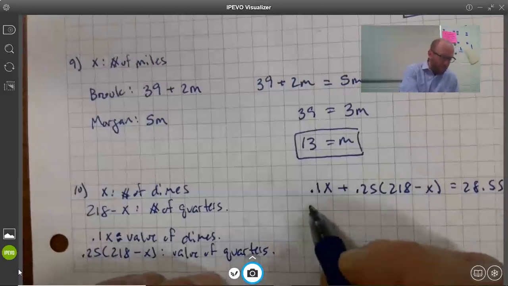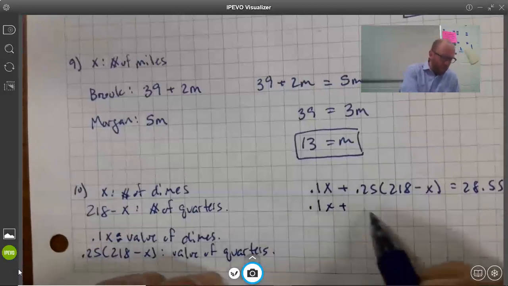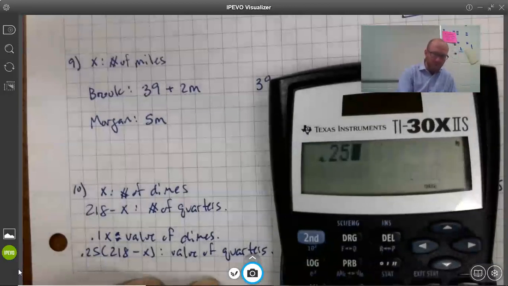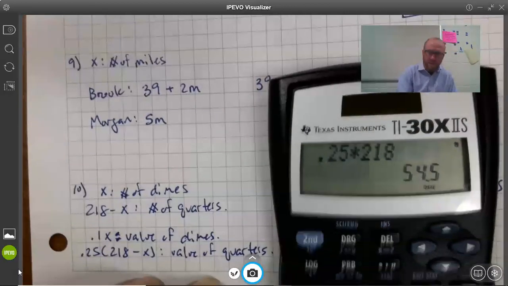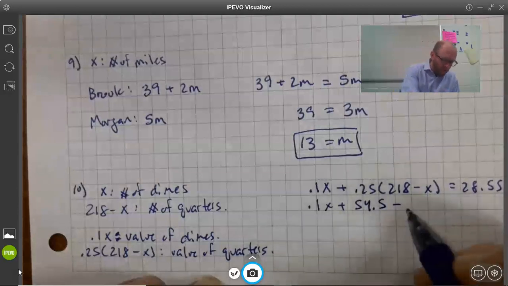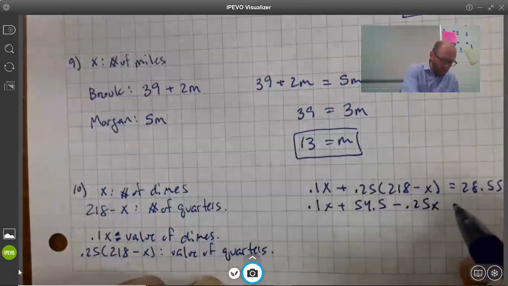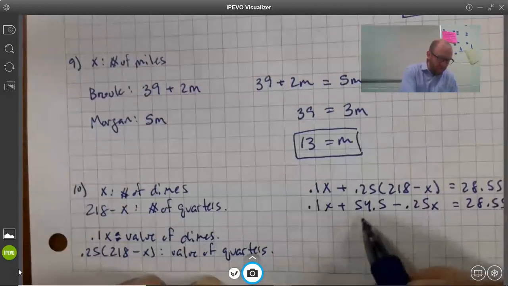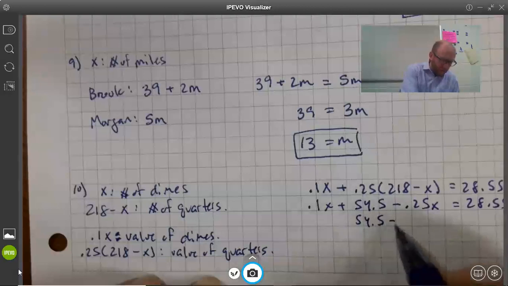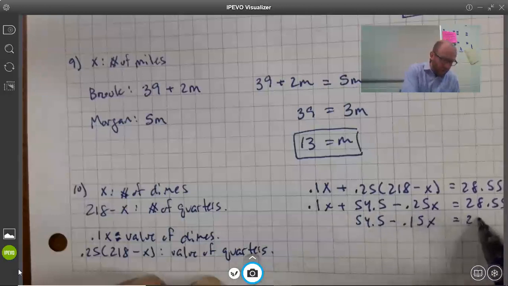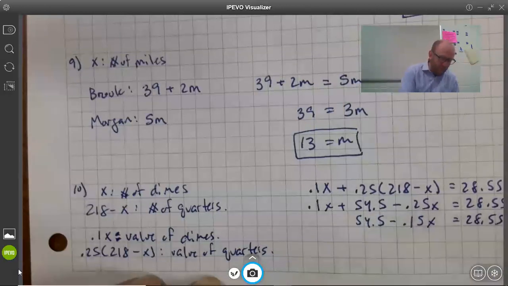So let's see, distributive property, 0.25 times 218, 54.5 minus 0.25x is $28.55. 54.5 minus 0.15x, combine like terms, 28.55.